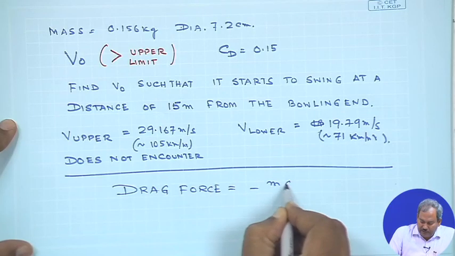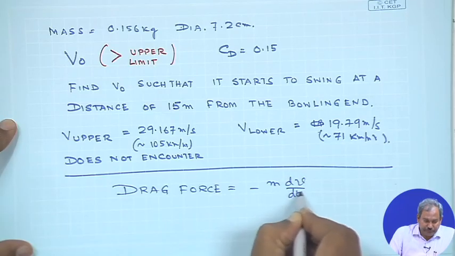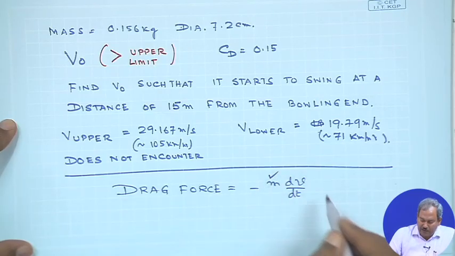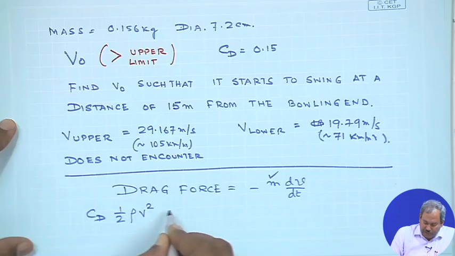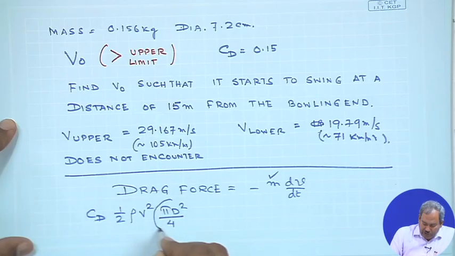So conceptually we start with the drag force acting on the ball, which must be equal to minus m dv/dt, where m is the mass of the ball and dv/dt is simply the acceleration. And by definition, the drag force is CD times half rho v square times the area, which is pi d square by 4. So this is essentially the frontal area of the ball.